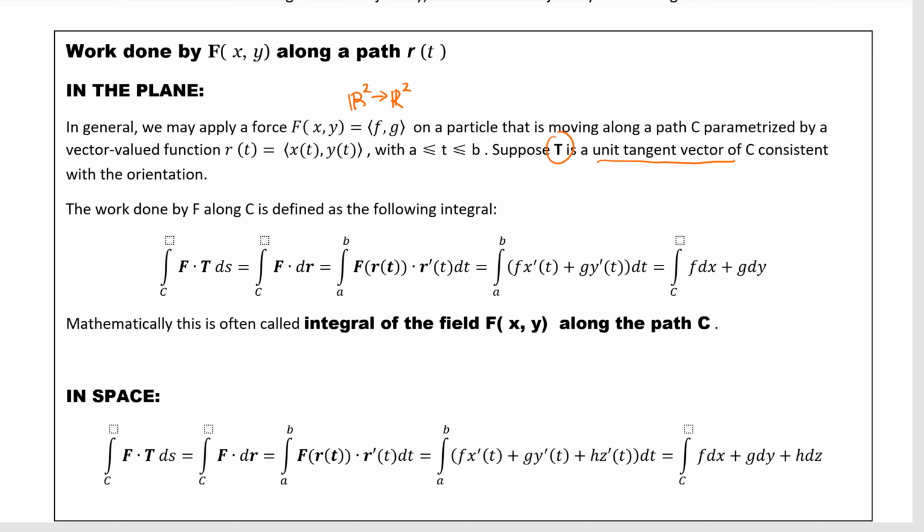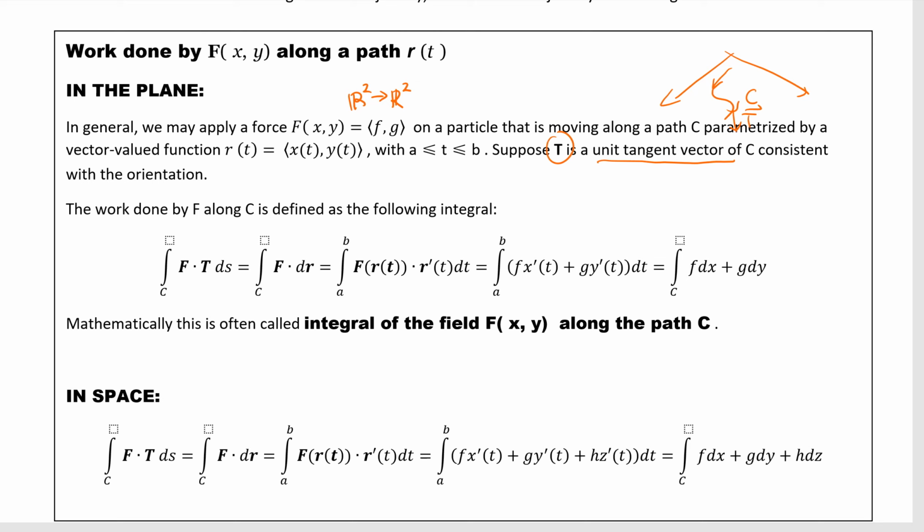What does that mean? Here we have this curve C, let's say the orientation is like that, and T is consistent with the orientation. T is the unit tangent vector.